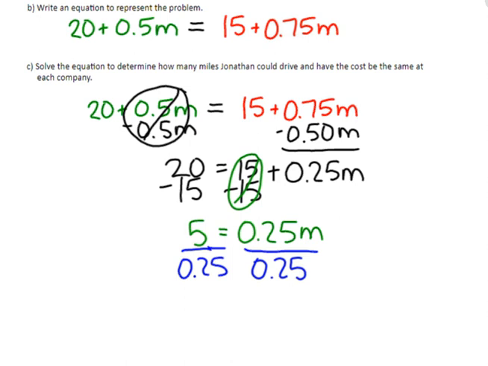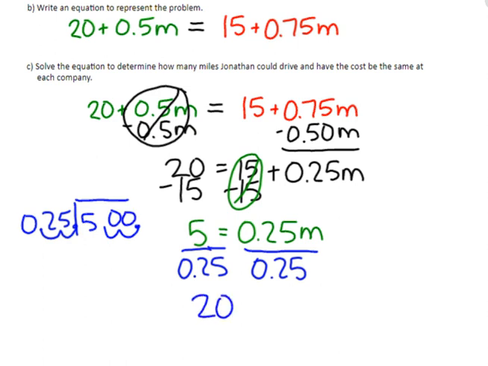You could also put 5 inside the box and do long division. So we do this twice, so it's the same as 500 divided by 25. Either way, you will get 20 for the value of m, and since this is a word problem, you will include units, which are miles.